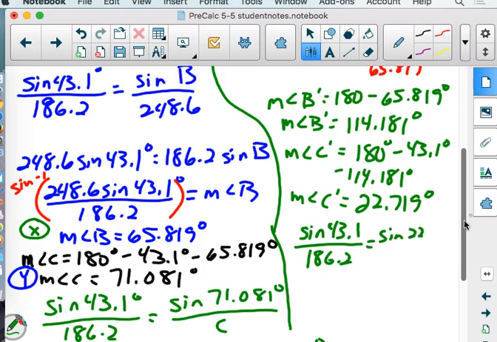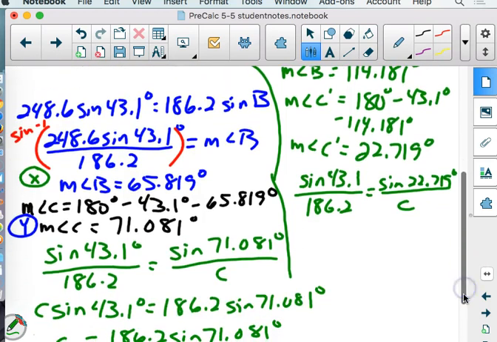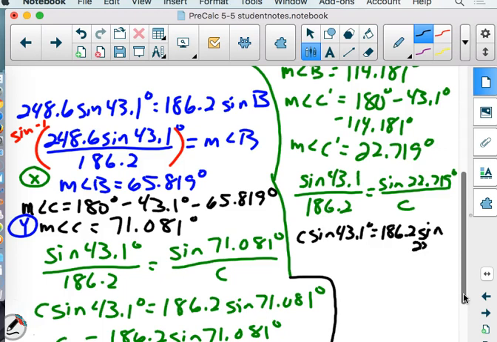The sine of our 22.719 degrees over little c. So we will have c sine of 43.1 degrees equals 186.2 sine of 22.719 degrees. And then we will divide.